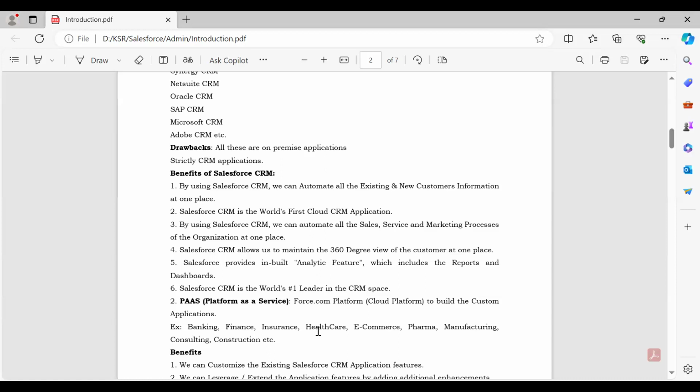In order to build an application, we require some platform, right? Without a platform, how can you build the application? So in order to build custom applications, Salesforce provides a platform called the force.com platform. It is a cloud platform to build custom applications.